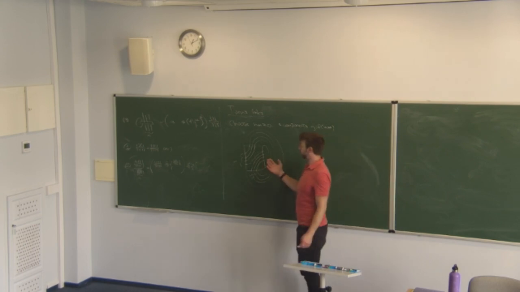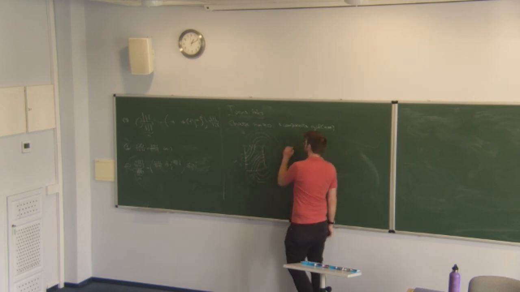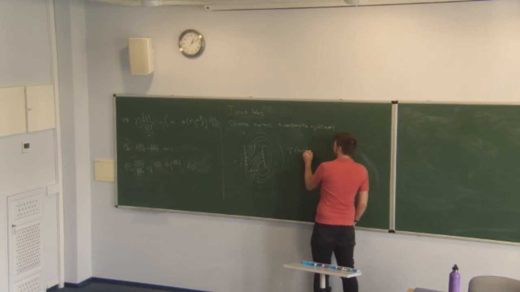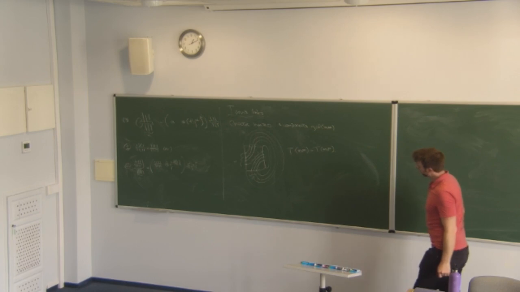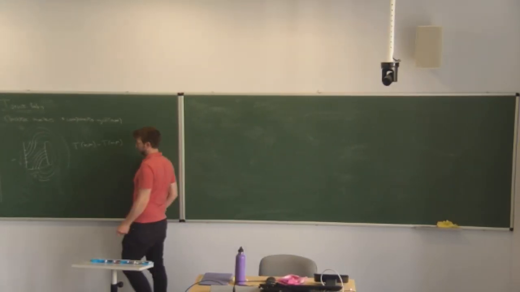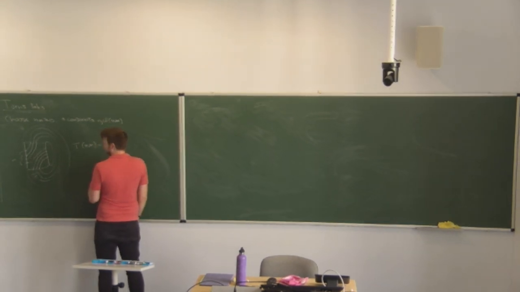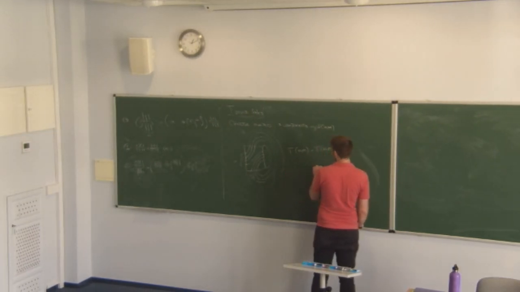There's a slightly more convenient way of writing. This defines a link called T(n,m). It's not clear from this picture, but there's a symmetry: T(m,n) is isotopic to T(n,m). It would be nice to have a diagram in which the symmetry is manifest.